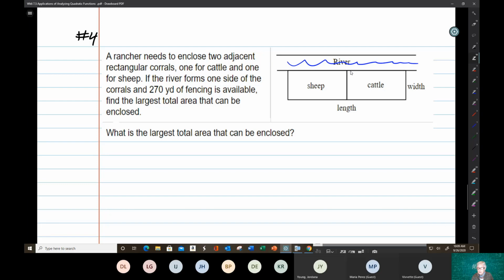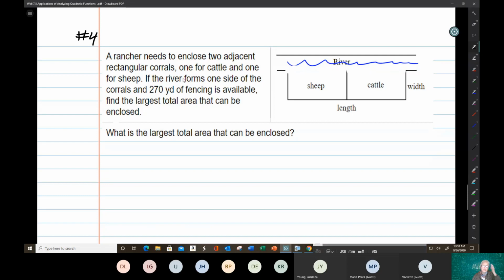He thinks his sheep and his cattle are not going to go in the water. So what his idea is, if you read this, is he's going to have 2 corrals, one for the sheep and one for the cattle.